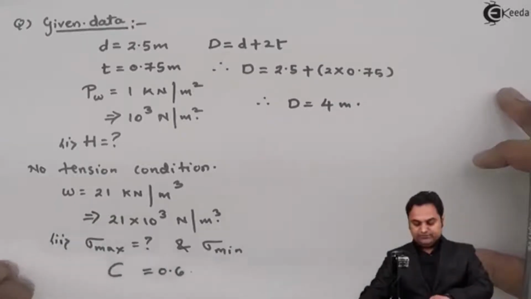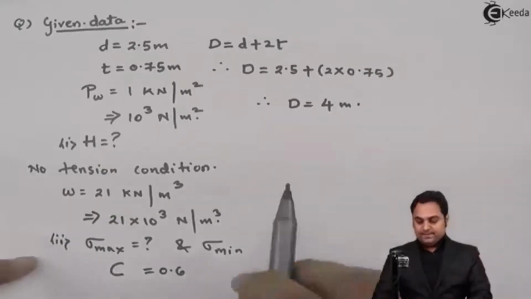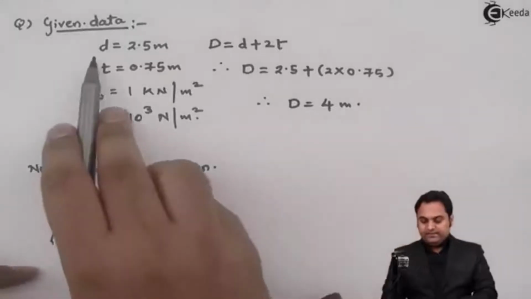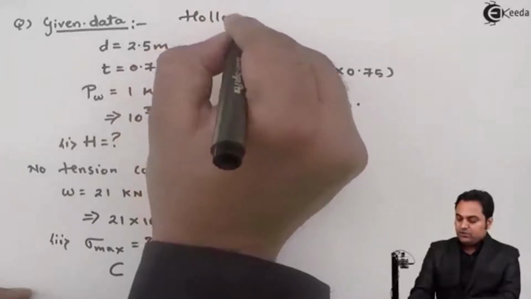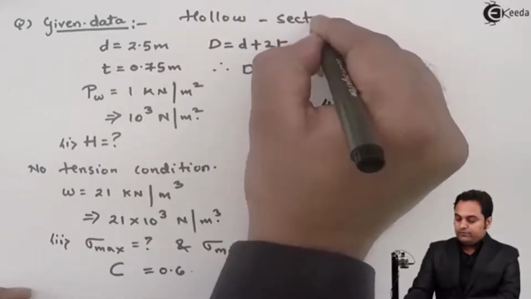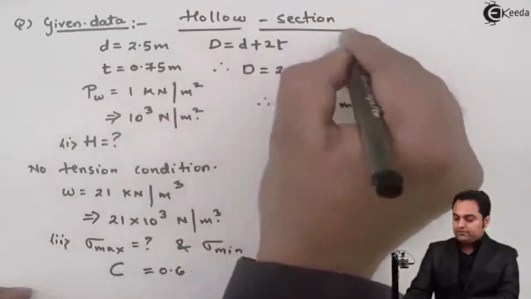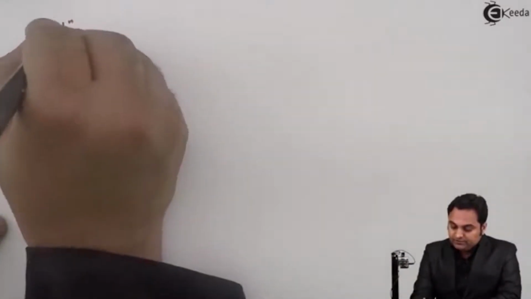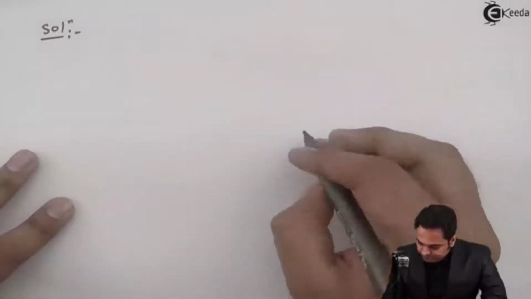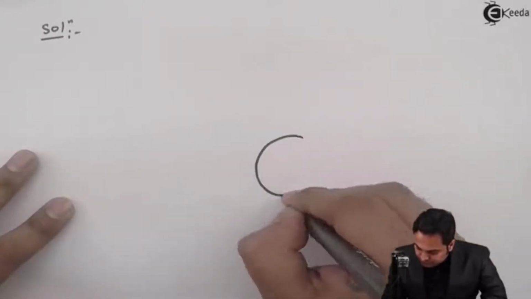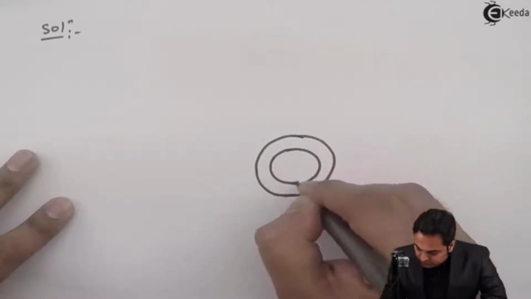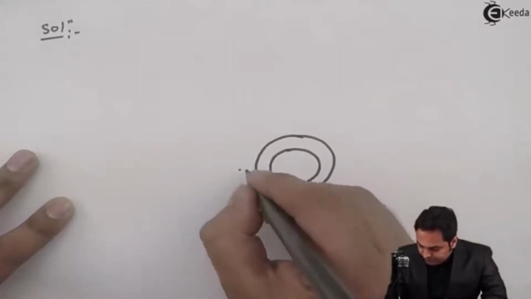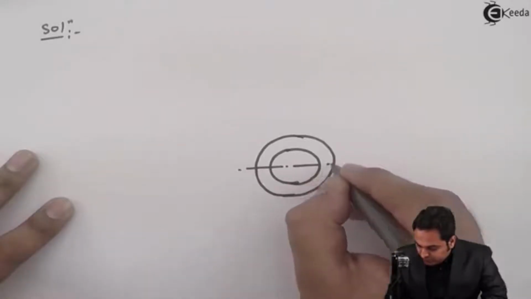Now with the data available, let us try to get the solution to this problem. And in the solution, first we need to draw the diagram. It is clear that here we have capital D and small d, outer and inner diameter. So the section is a hollow cross section for the chimney. Now here we have the hollow cross section.